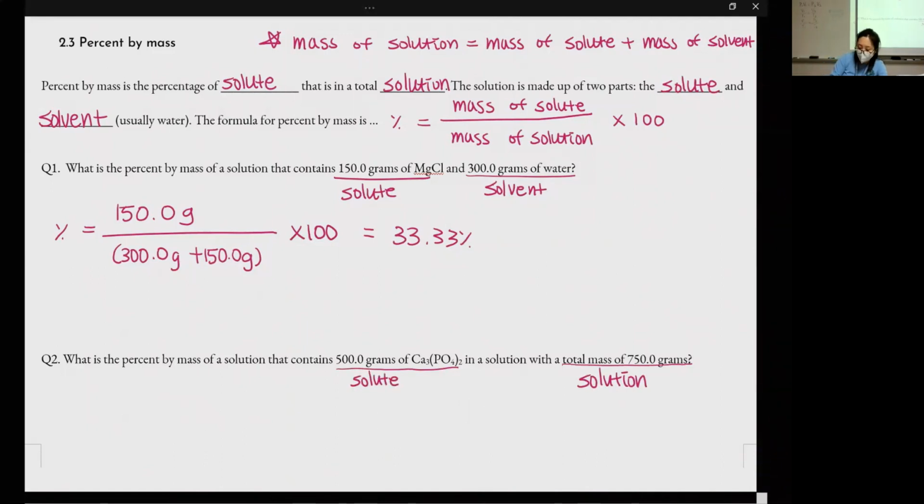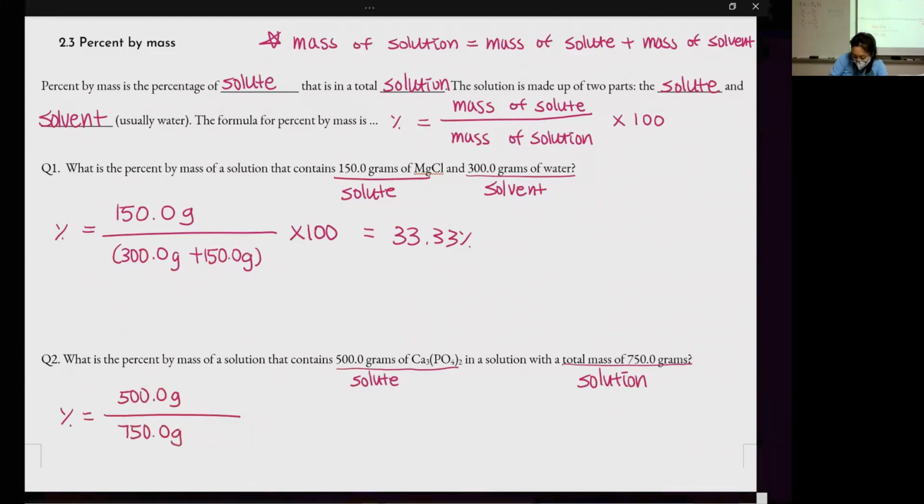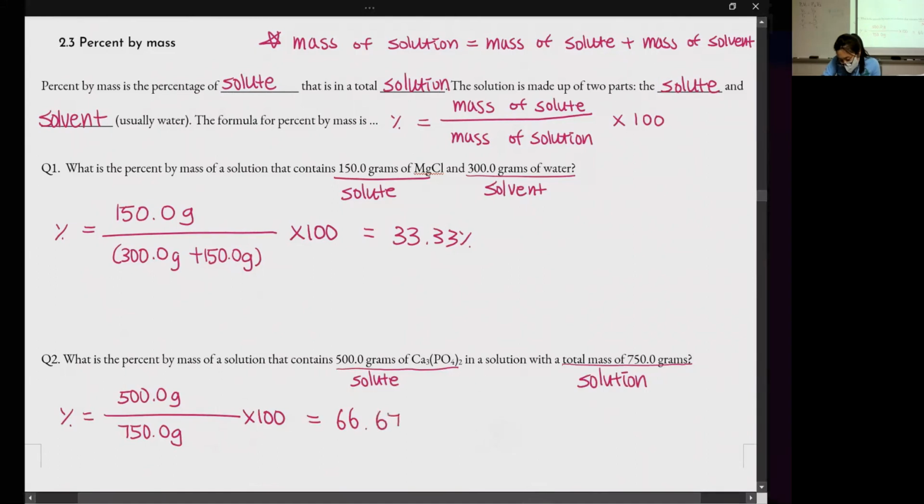So that will be the bottom number. So 500.0 grams over 750.0 grams times 100. It will be 66.67%.